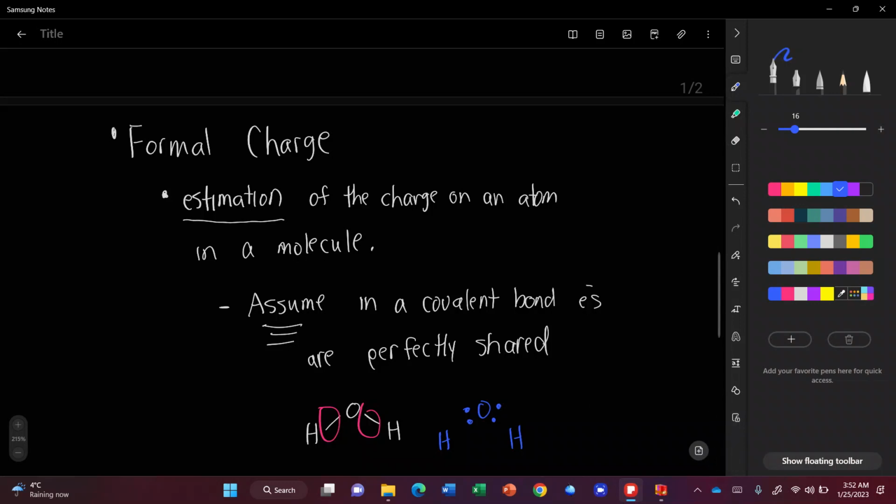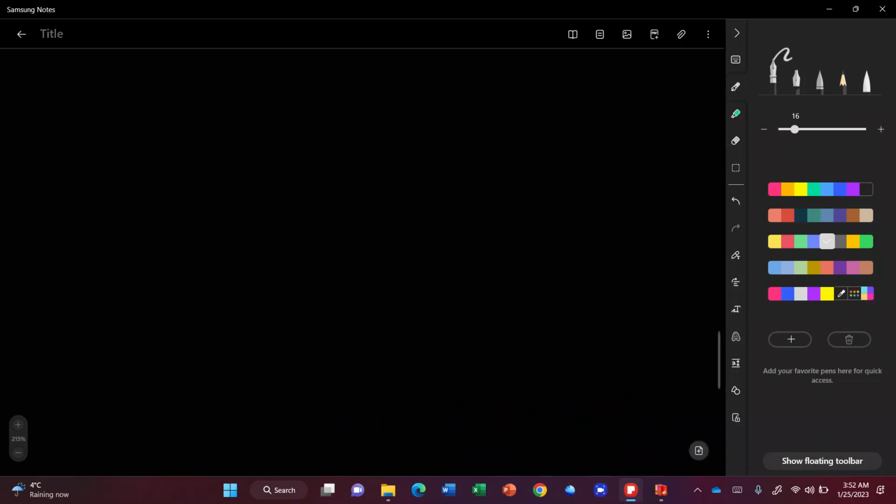That would be a correct version, and an incorrect version would be to assume that everything is equally spaced. But when we're doing formal charge, we're going to ignore electronegativities, and we're just going to assume that in a covalent bond, electrons are equidistant from the 2 nuclei.